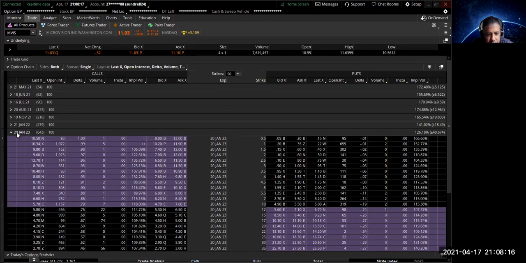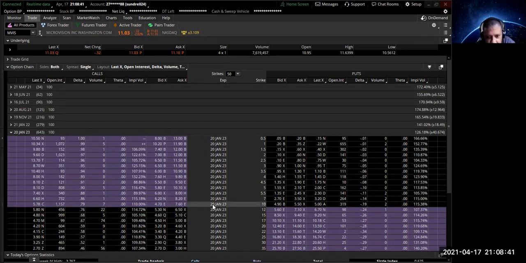These are called LEAPS, long-term equity appreciation shares or options. Usually you go that year out, but it's 1,157 contracts open right now. It's widespread, but you spend $760 and you buy the $10 call for January 2023.